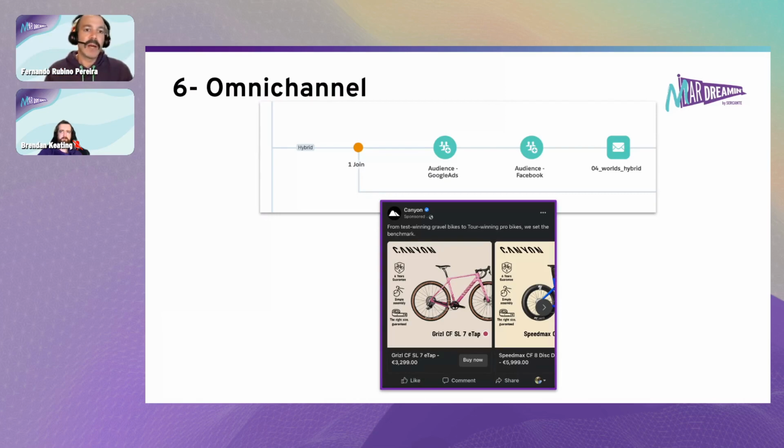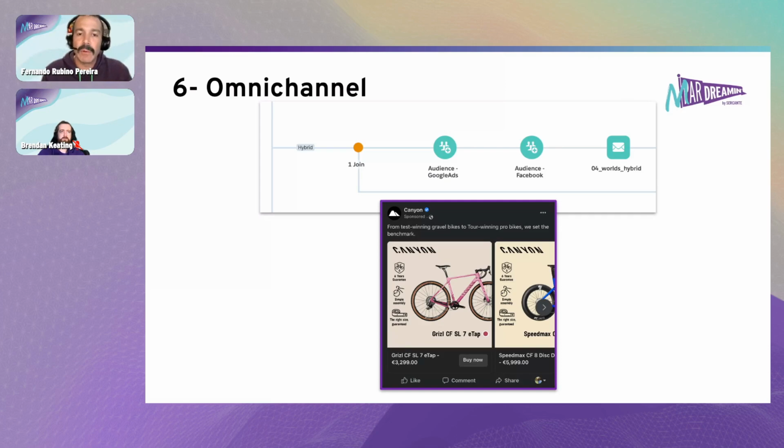Then what I would recommend is to not only stick to email, but also think broad with omnichannel. In our welcome journey, we also collect the audience using the audience option in Journey Builder. So we collect the audience not only to Facebook, but also to Google Ads.